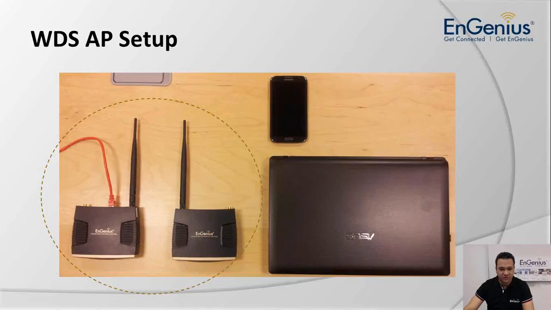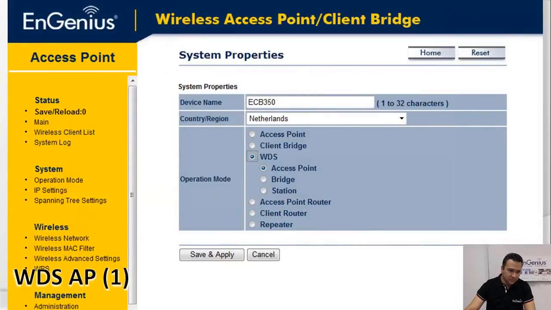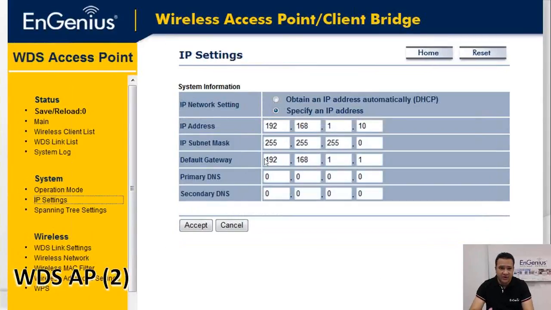We have to select the WDS access point mode, and what's very important is that we set up the IP address in the same subnet as the router for easy configuration. It's better to give the access point a fixed IP address, so you can always access the interface directly.